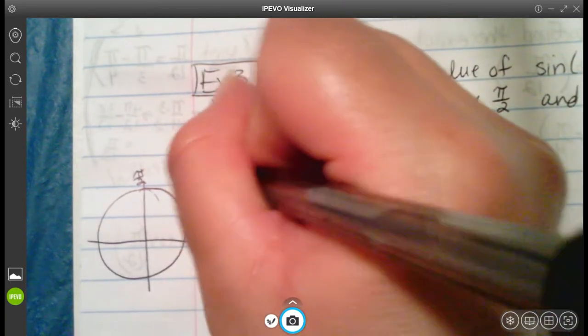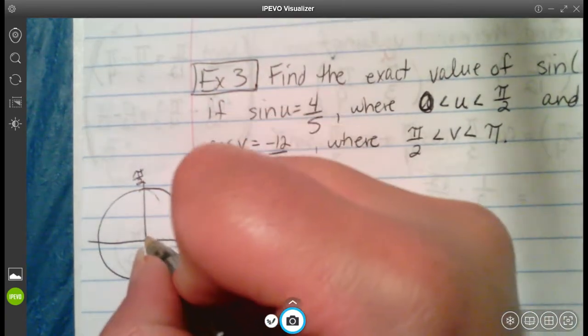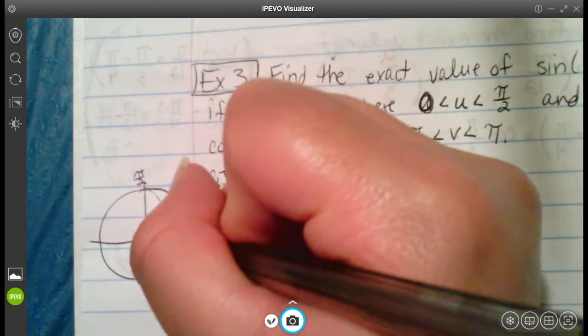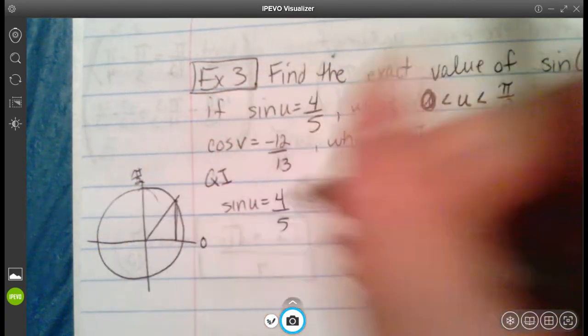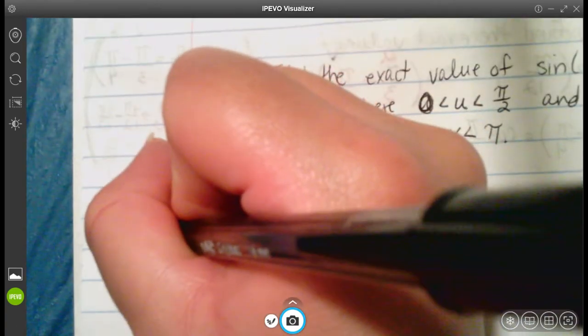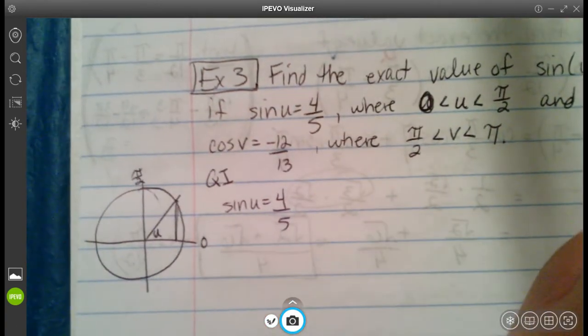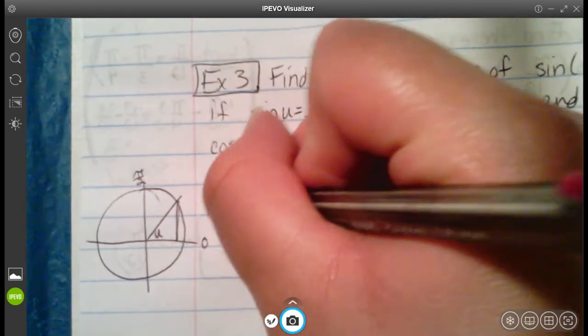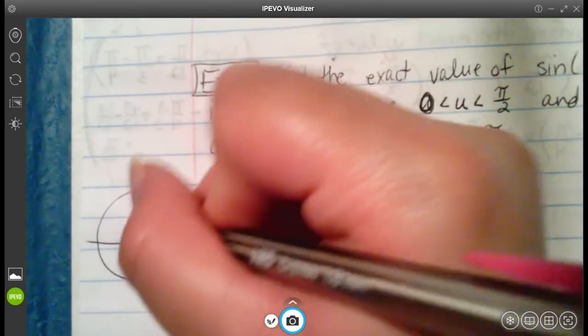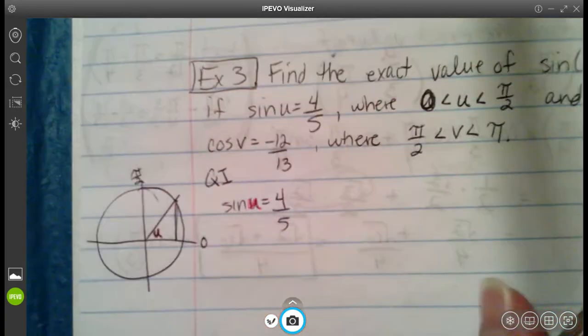This is going to be quadrant 1. So I'm going to draw my triangle like so. And instead of theta, I'm going to use, what are they using? U, because that is what they want us to use for this one. Let me actually color code this just a little bit. So sine of u is in quadrant 1.